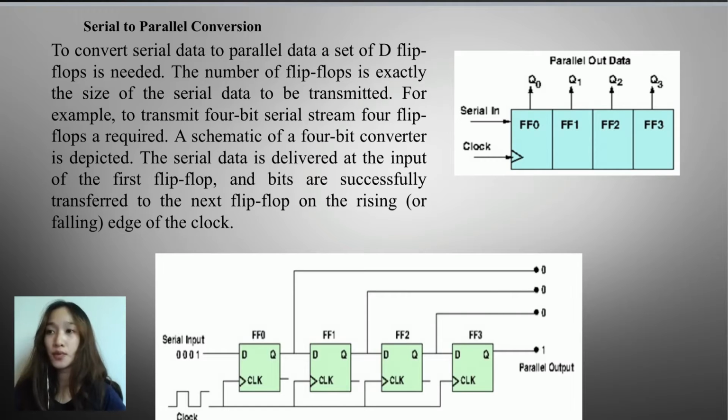Successive ticks move the bits to the next flip-flop until all 4 bits are stored at the output of each flip-flop. In this figure, we have not shown all the circuitry of an actual converter. The converter does not release the parallel set of bits until all bits are transferred and each one is stored at the output of a corresponding flip-flop.